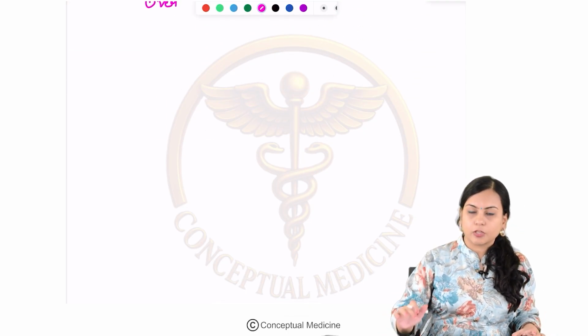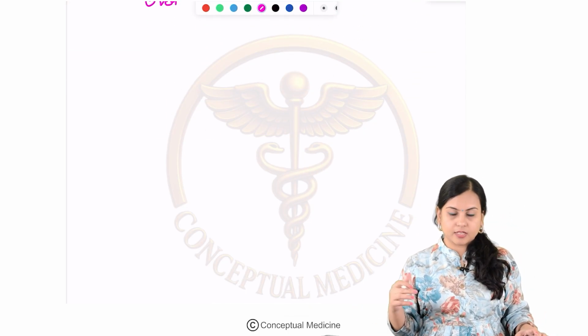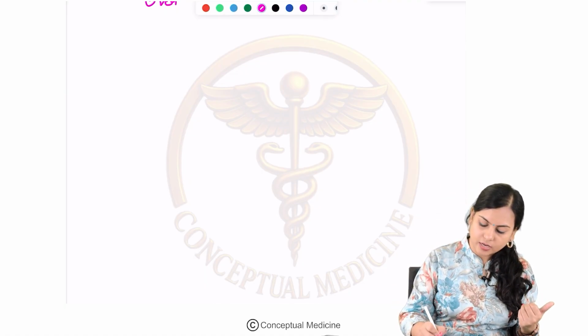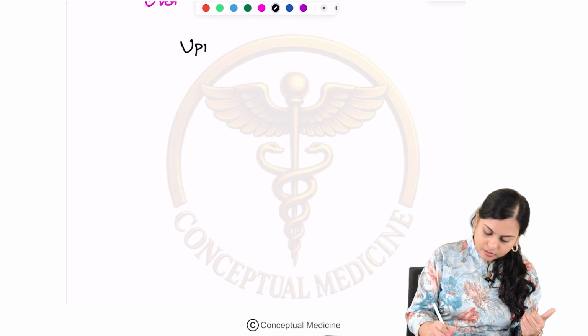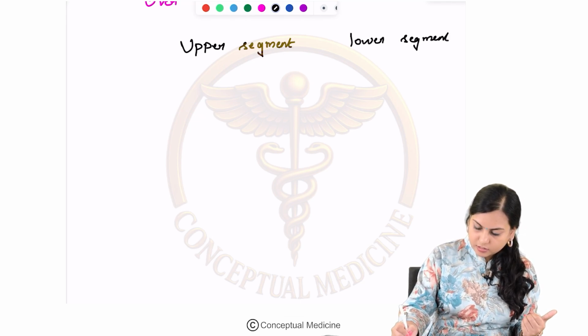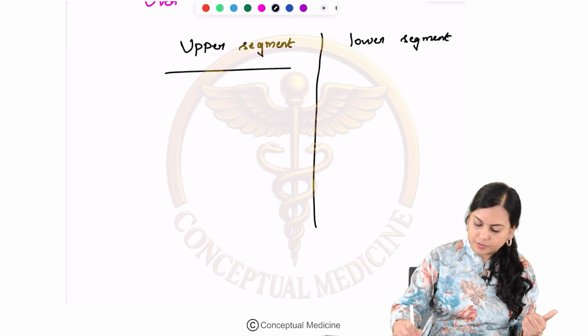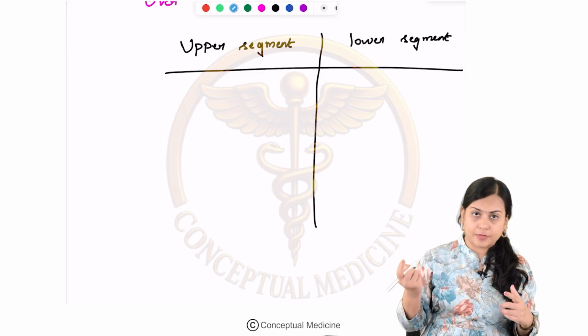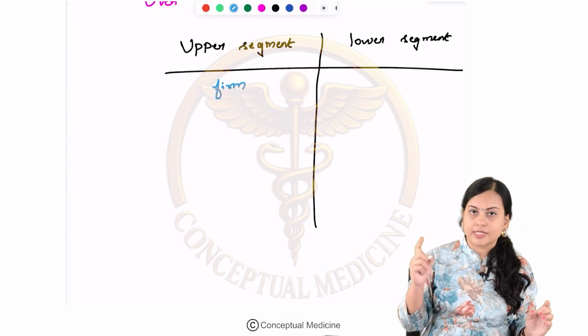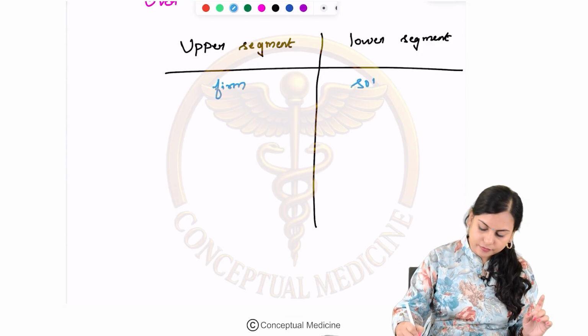Now we will see what are the changes that are going to take place in the upper segment of the uterus and the lower segment of the uterus. Okay? So if we take the upper segment and the lower segment. See, remember, the upper segment is going to be much firmer, whereas the lower segment is going to be softer.